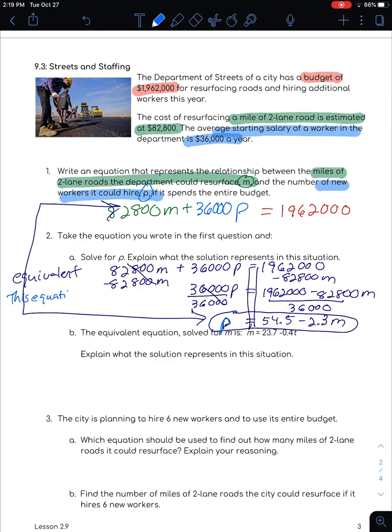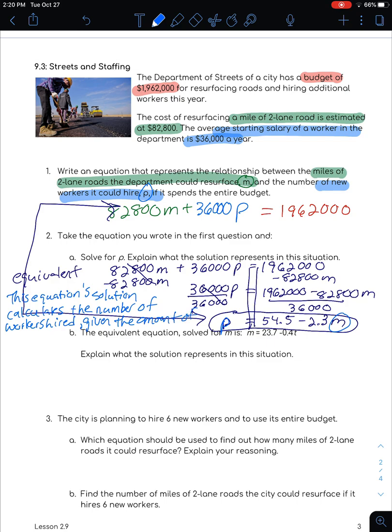So this equation's solution calculates the number of workers hired given the amount of miles. The variable that we're plugging in here is the amount of miles to resurface.